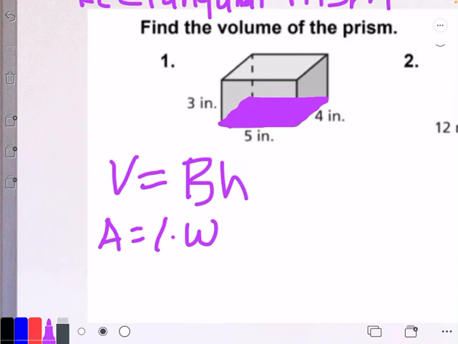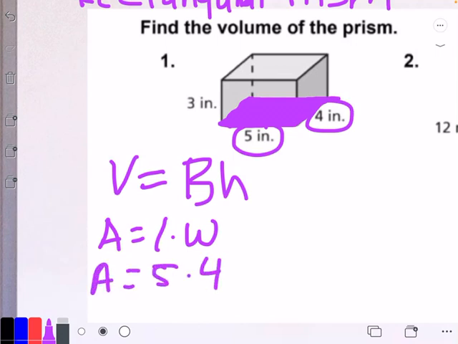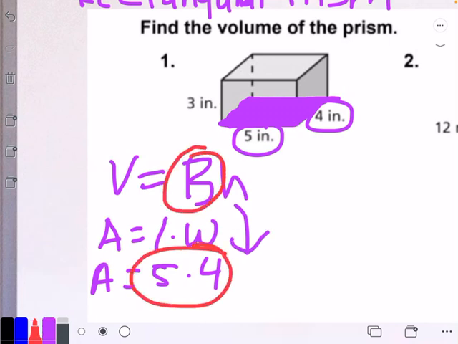For that, area equals length times width, that's 5 times 4, so area equals 5 times 4, and now we have to add the height, which is 3.